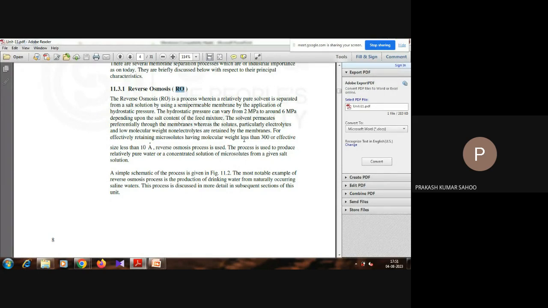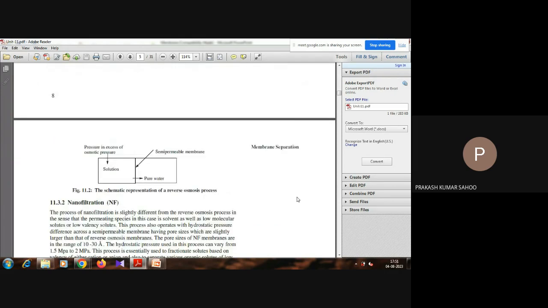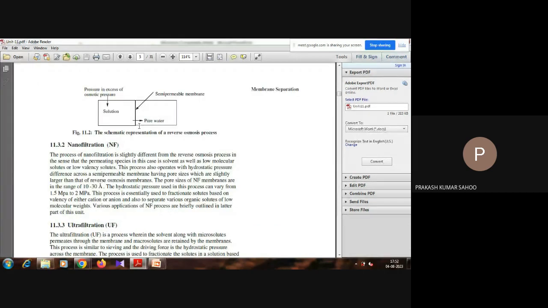It is also applicable. This is a schematic diagram showing the semi-permeable membrane. This is the solution or the impure water, and only the solvent particles are allowed through. So we will get pure water through this mechanism.